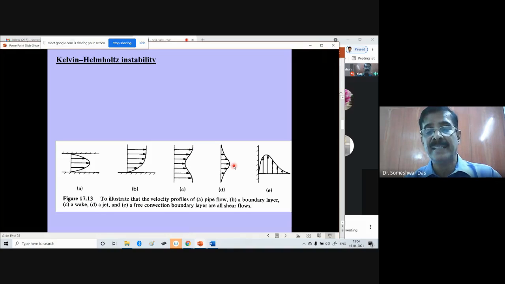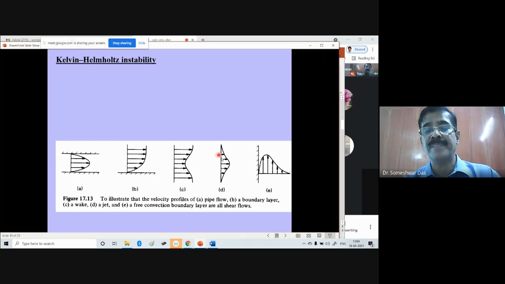Yet another example is this jet-like pattern, like the jet streams in the atmosphere. There is a maximum wind speed at the center, and as you go away from the center, the wind speed decreases.